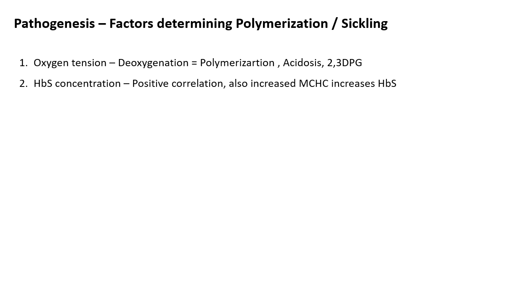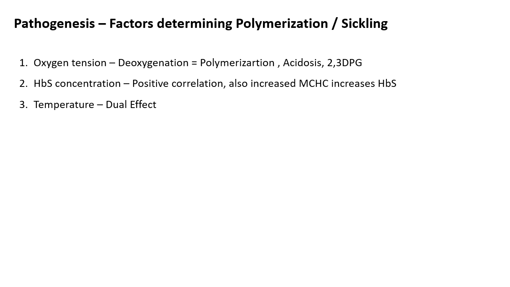HbS concentration has a positive correlation with sickling. More the HbS, more would be the sickling. Also, increased MCHC, that is cellular dehydration, increases HbS concentration, leading to more polymerization. Temperature has a dual effect. Although cooling decreases polymerization, that is sickling, so cooler temperature should ideally decrease polymerization of sickling, but the temperatures required for this phenomenon are subphysiologic.